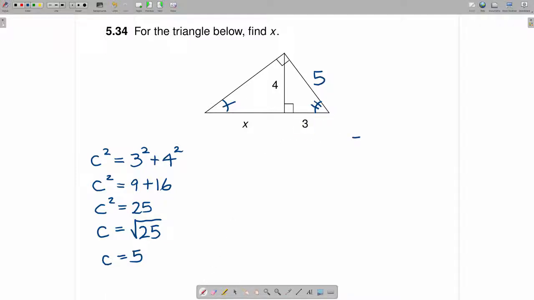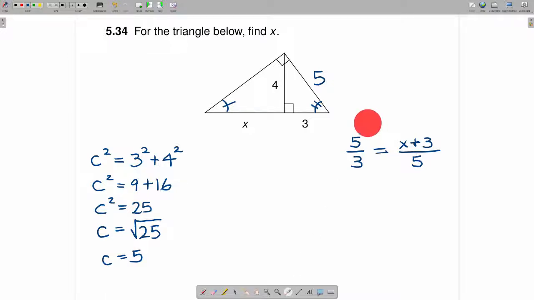So I'm going to take the ratio of the hypotenuse to the shorter side, and on the large triangle I'm going to do the same thing. The length of the hypotenuse here is x plus 3. The length of the shorter side is equal to 5.